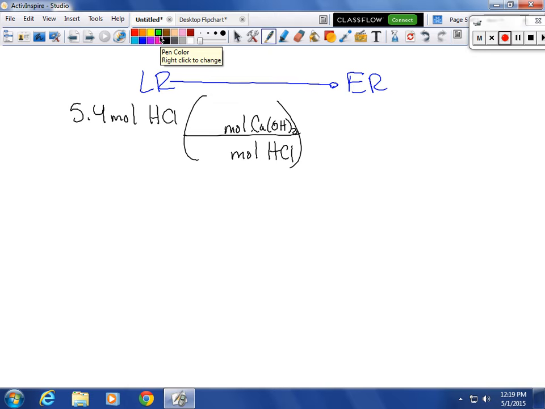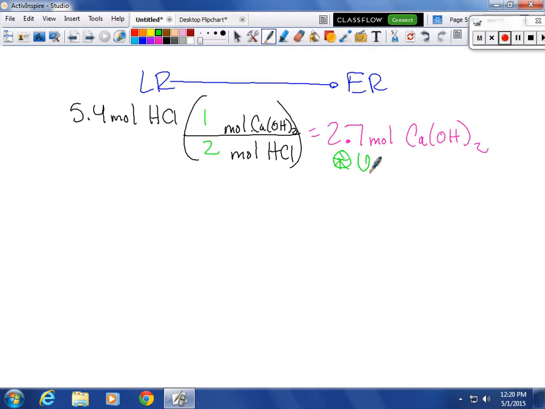What step is this? It's your mole to mole. What is your mole to mole top to bottom? It's 1/2, right? Yeah, it is 1/2. So this is going to be 2.7 moles of Ca(OH)2. And remember, this is how much was used, not remaining.